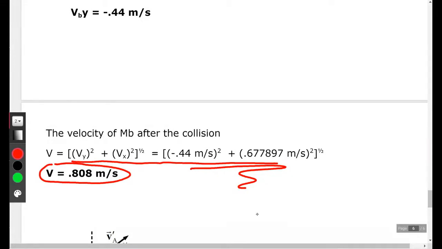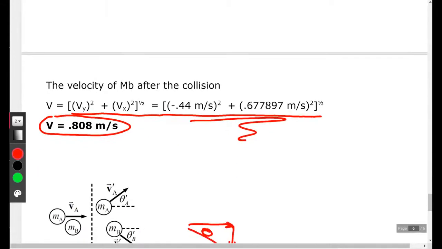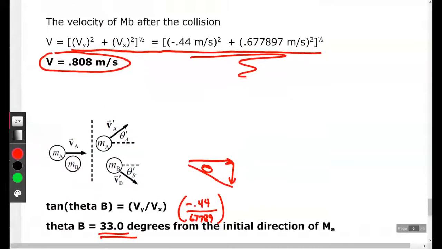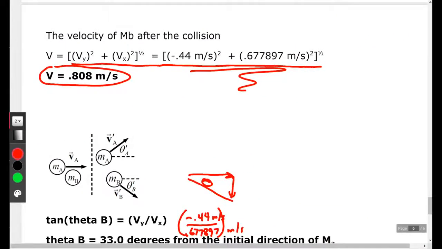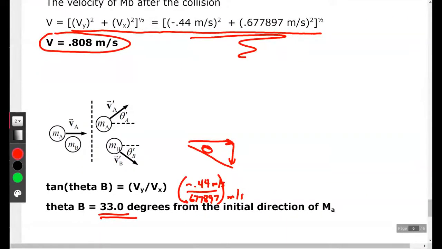And I get 0.808, 3 significant digits, and I use tangent. I use the x and the y, and the y is negative 0.44 meters per second, and the x is 0.677897 meters per second. Inverse tangent comes out to be 33 degrees, and that is it.